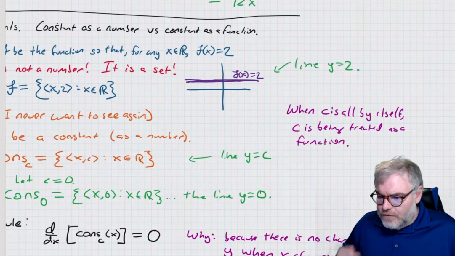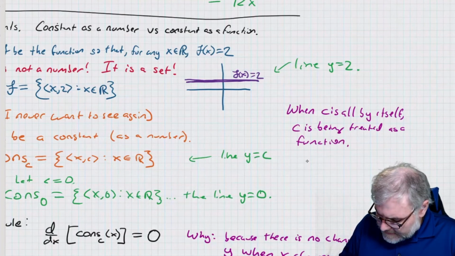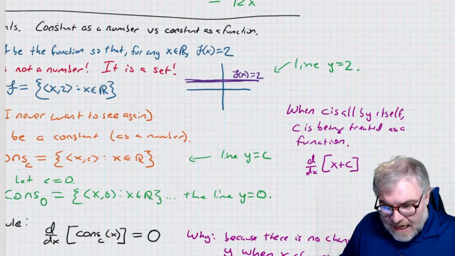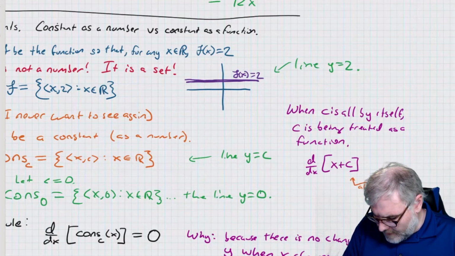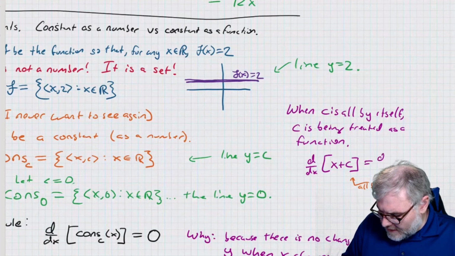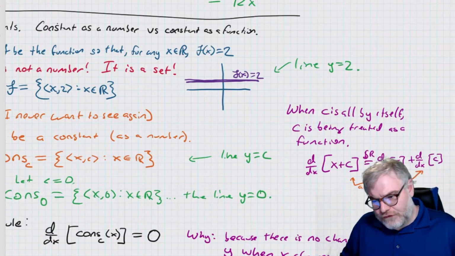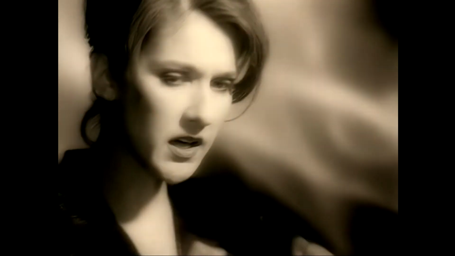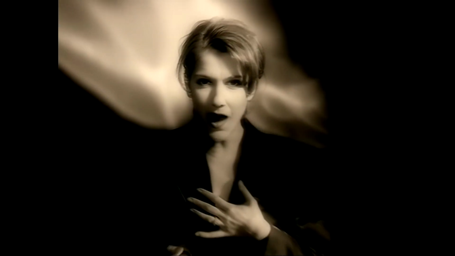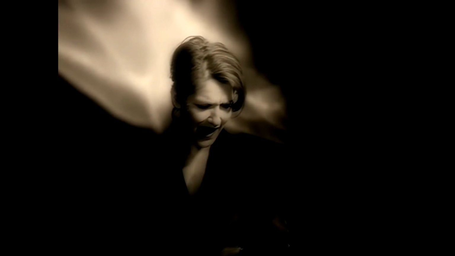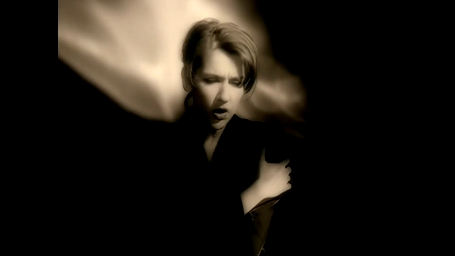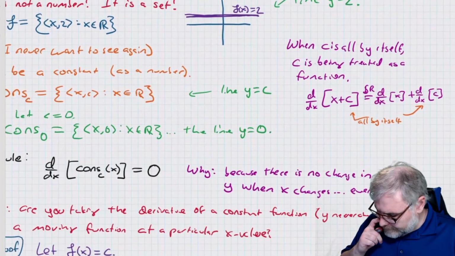So, when I take the derivative of something like this, c is all by itself. And I can see that c is going to be all by itself because I do this with the sum rule. It's all by itself, and then it dies.